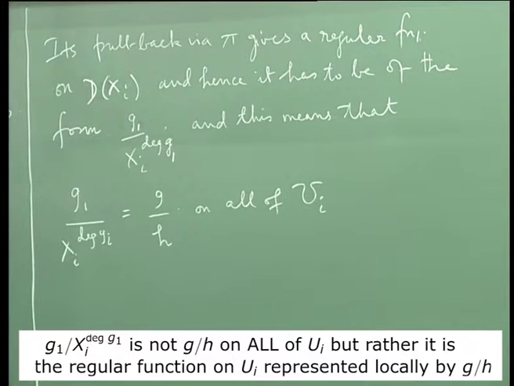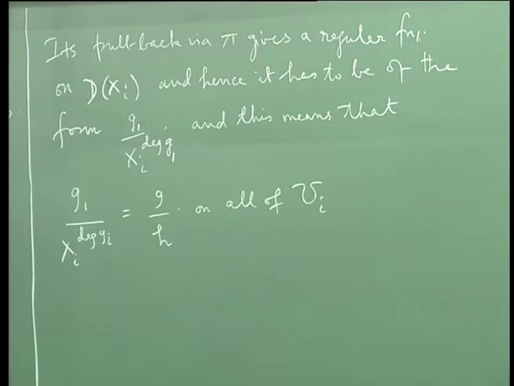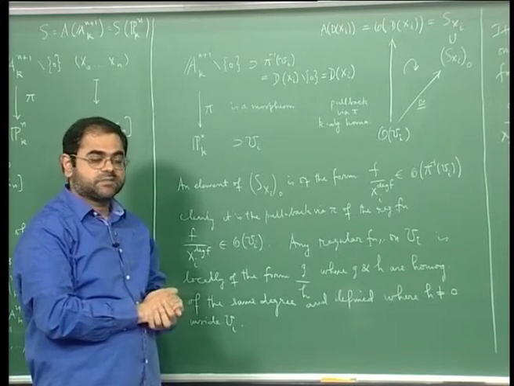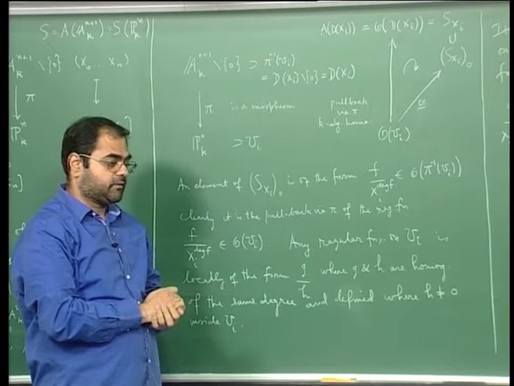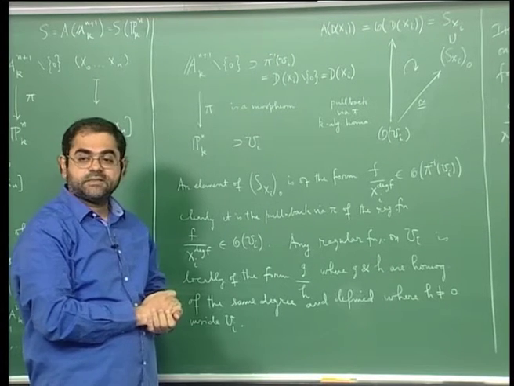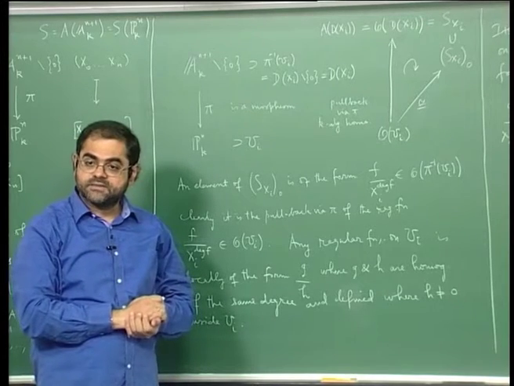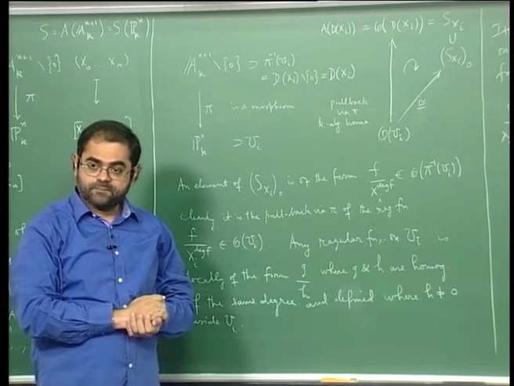I am using the fact that on a variety, if two regular functions coincide on a non-empty open subset, then they coincide everywhere.